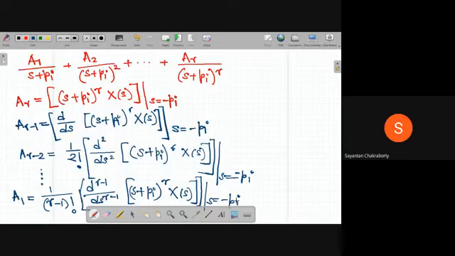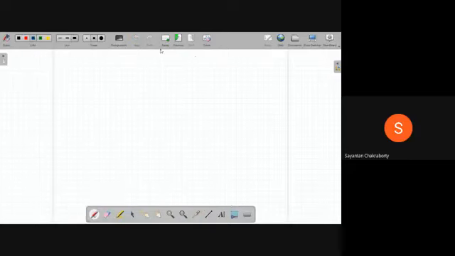So let us check, or let us solve a small example, just to check whether you are very much conversant with this or not. Let us see an example, that is, x is equal to 1 upon s plus 1 whole cube times s plus 2.